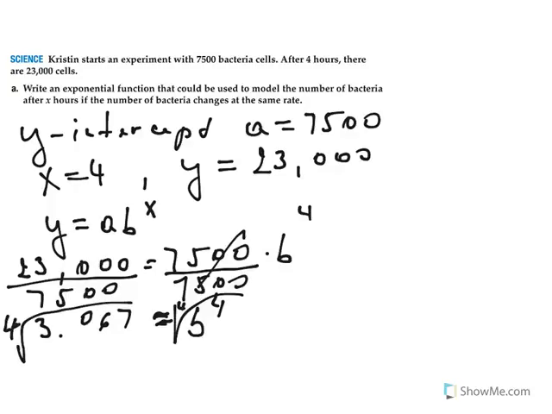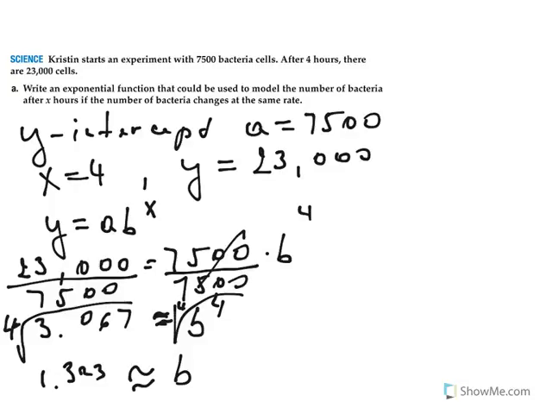And to take the 4th root, you have to use the graphing calculator: you press 4, you go to math, and you find the x root, which in this case is the 4th root of this number. After you take the 4th root of this number, b is approximately, take a look on my side, 1.323.